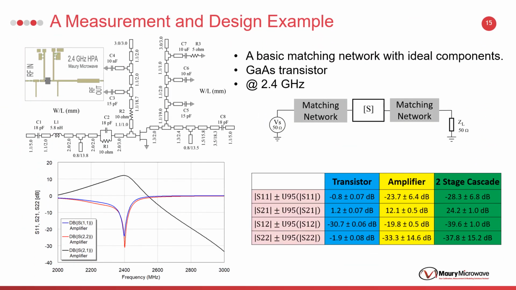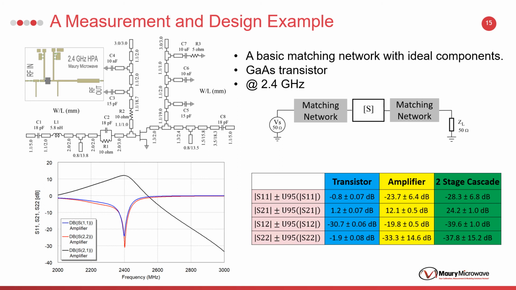In our specific example, we measured a GaAs transistor at 2.4 GHz with uncertainties, designed input and output matching networks with ideal components, and then cascaded the matching networks with the transistor using the mentioned software to obtain the overall S parameters of the amplifier.